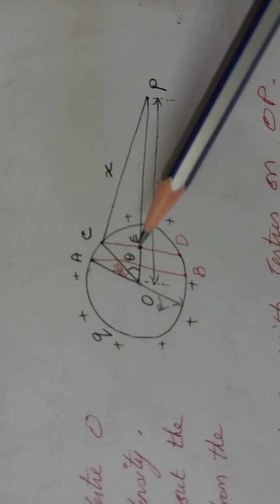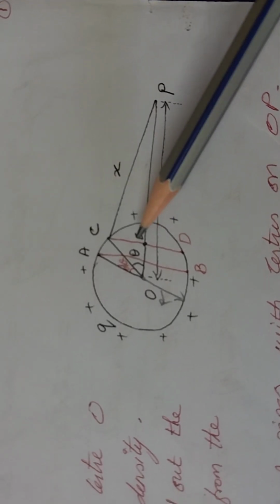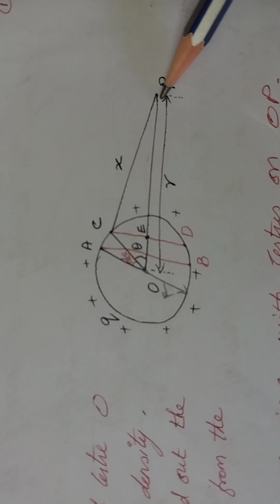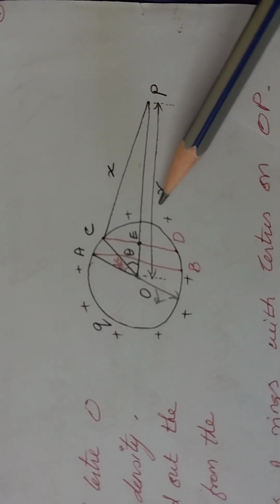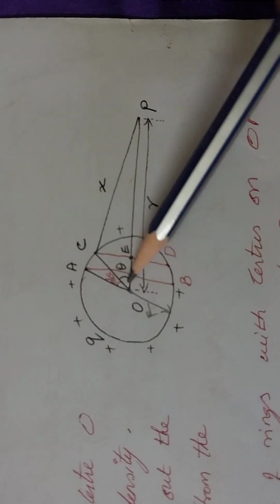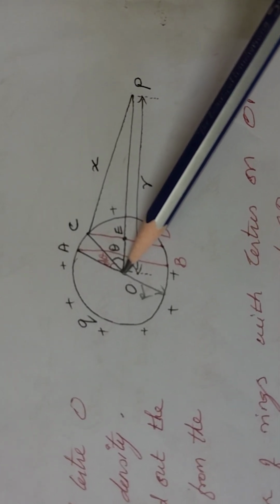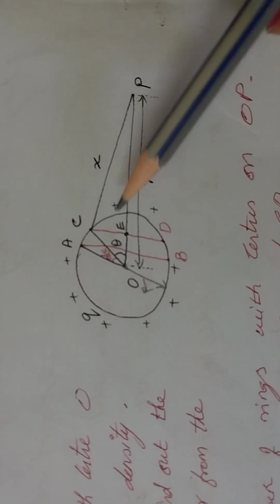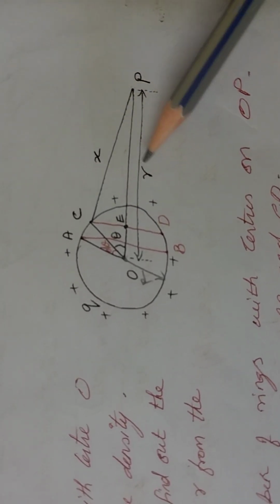We want to find the potential at an external point P. Here is P. The distance from the center of the spherical shell, the origin marked as O, to the point P is small r.